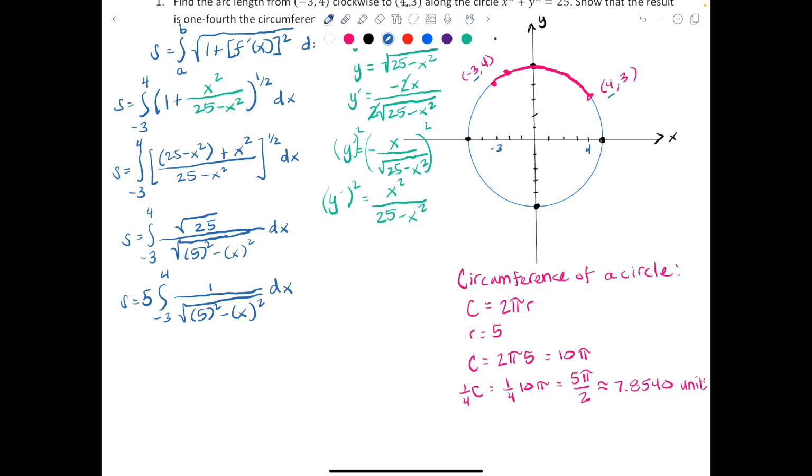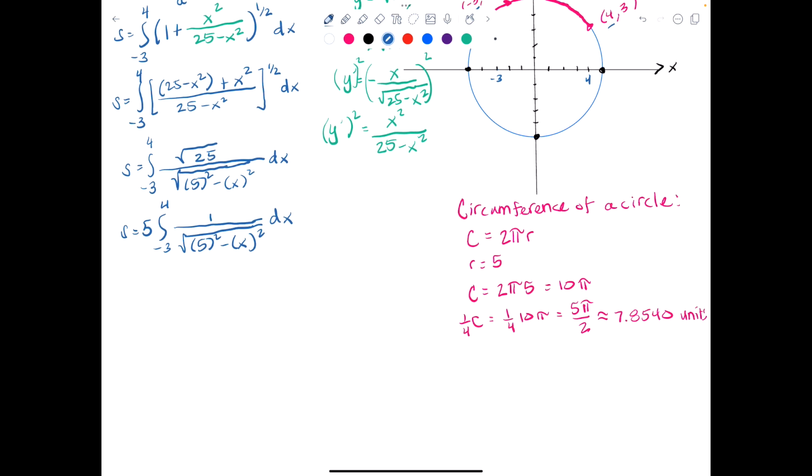Awesome. You're going to get arcsine, right? So s is equal to 5 times arcsine, or inverse sine, of u over a. Our u is just x, so we'll have x over 5.